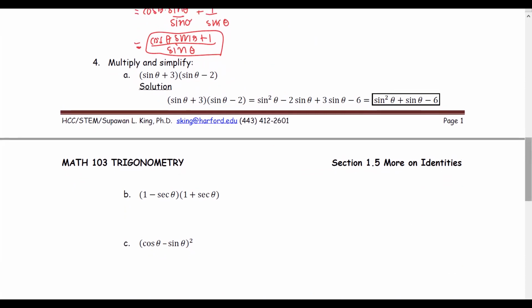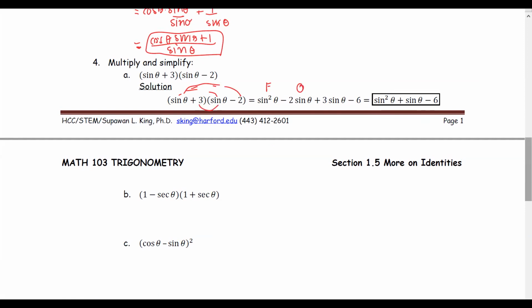Example 4, multiply and simplify. In part A, you have the product of sine theta plus 3 and sine theta minus 2. We treat them using the FOIL technique. The first times the first to obtain sine squared theta. The outer times the outer, we have negative 2 sine theta.